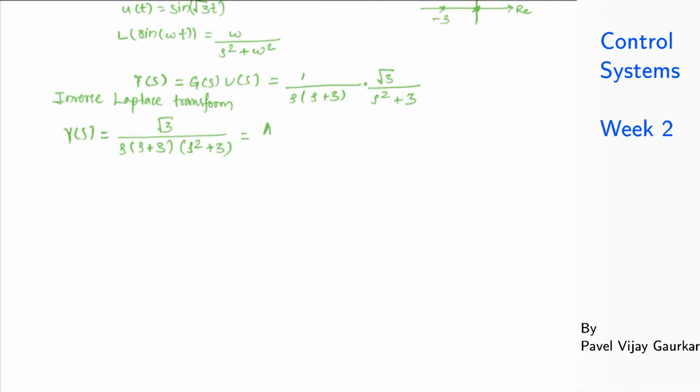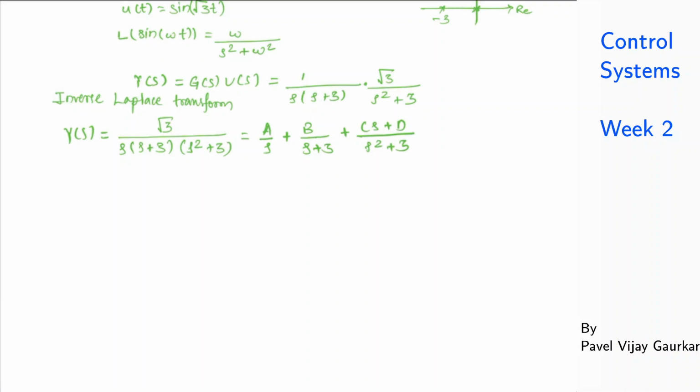So we can write it as A over s, which is the first factor, plus B over s plus 3, plus C into s plus D over s square plus 3. And here if we find the coefficients A, B, C and D, then we would be able to take the inverse Laplace transform of these terms.